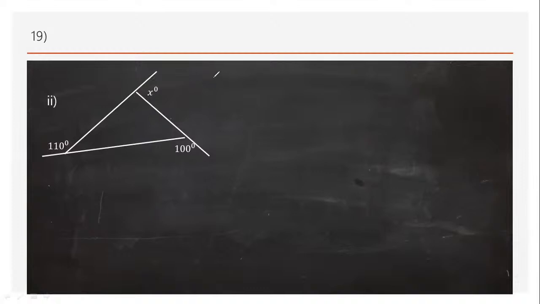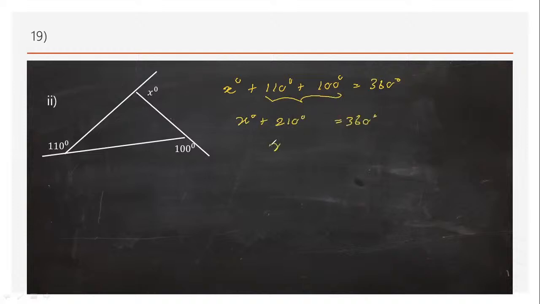Any polygon's exterior angles add up to 360. x plus 110 plus 100 equals 360. 210, 360, 150.